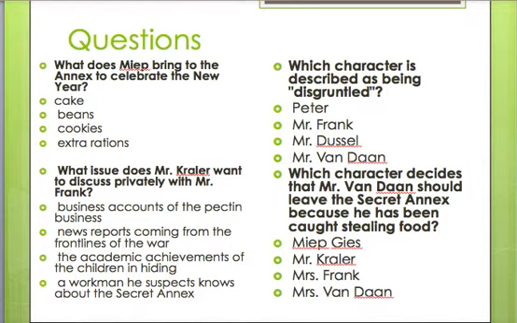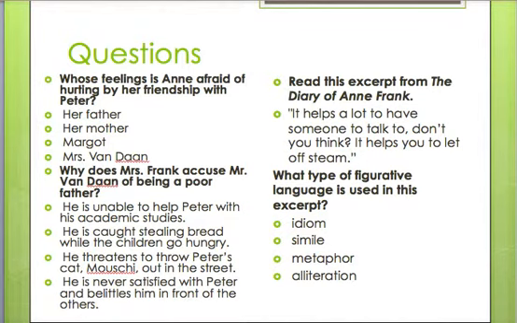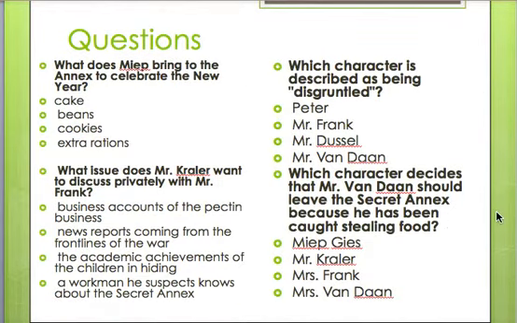So, which character is described as being disgruntled: Peter, Mr. Frank, Mr. Dussel, or Mr. Van Daan? Remember at the beginning we said disgruntled means displeased or discontented. Okay, we are not on the right slide. There we go. So, which one was being described as being disgruntled?